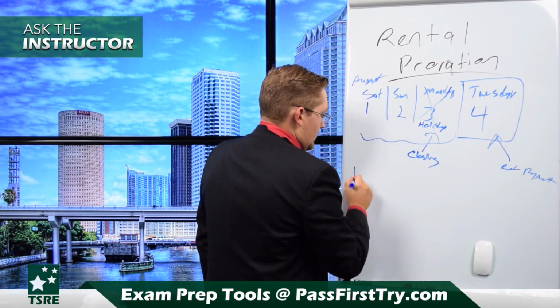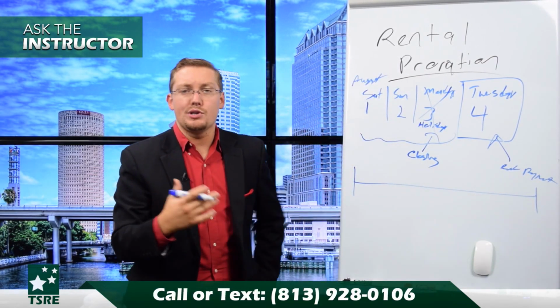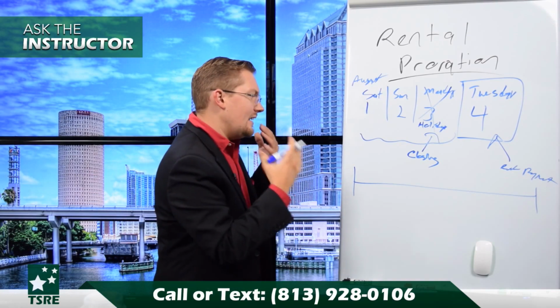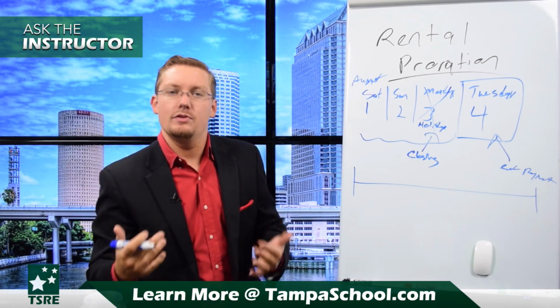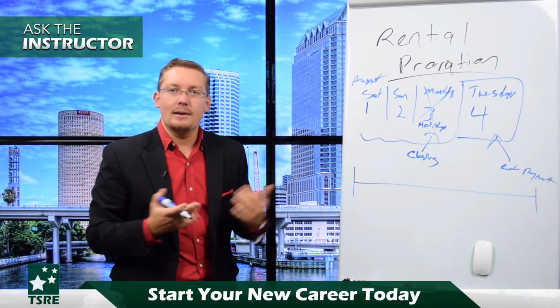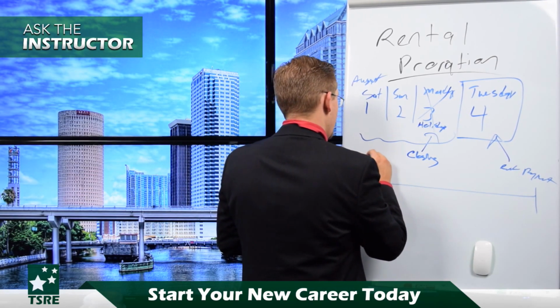So let's draw our number line for the month of August. And really, whenever you're confused or trying to understand what's going on here and what they're talking about, I definitely recommend making this as visual as possible. That's why I recommend doing these little number line things. So we've got August 1st.